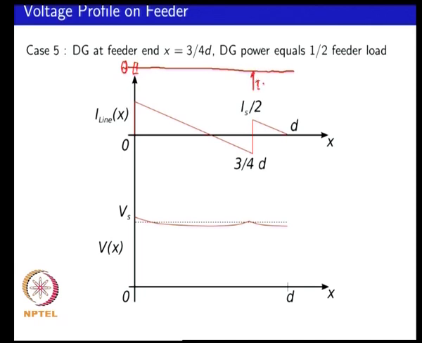So, you are injecting Is by 2, half the feeder power, but located at 3/4 the distance along the feeder. Okay. So, you can look at then your current profile, it will again be triangular in shape. You have a jump of Is by 2 at the 3/4 distance. So, in this particular location there is power flowing in either direction from the 3/4 point. For the first half you have the power flowing from your source Vs.